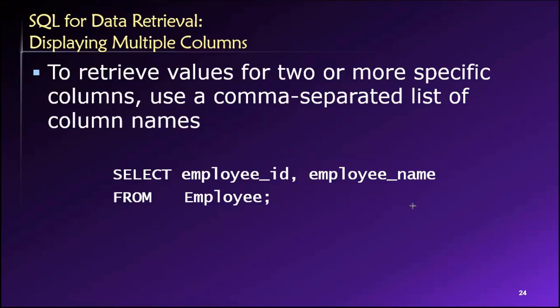That is, the first column will be the employee ID and the second column will be the employee name. If we were to reverse that, then the employee name would be listed first, followed by the employee ID. So as you can see, you have a great deal of control, as the person writing these SQL SELECT statements, over how the results of your query will appear.